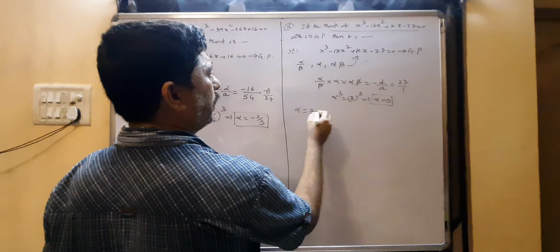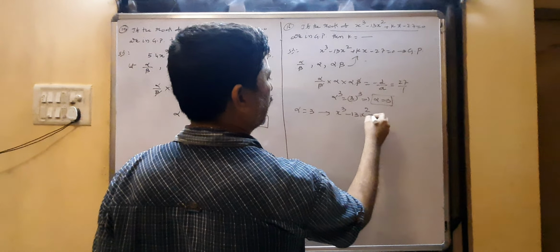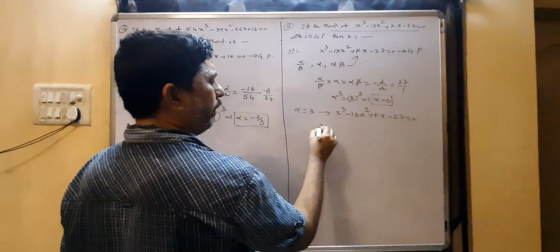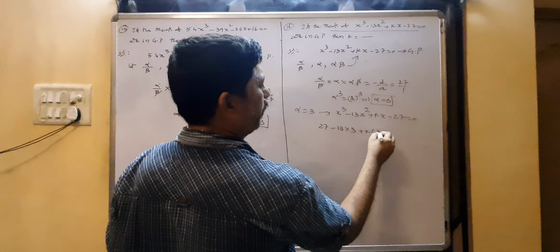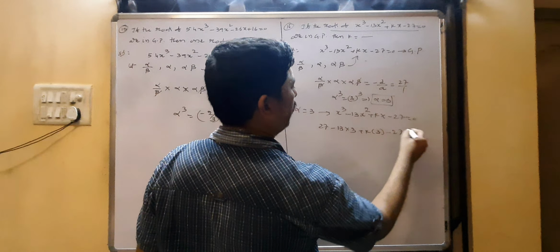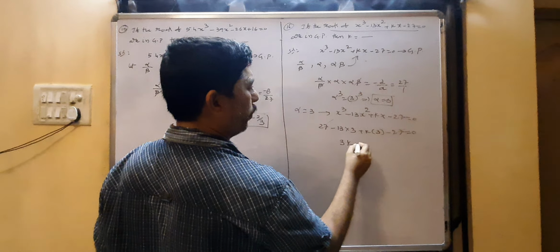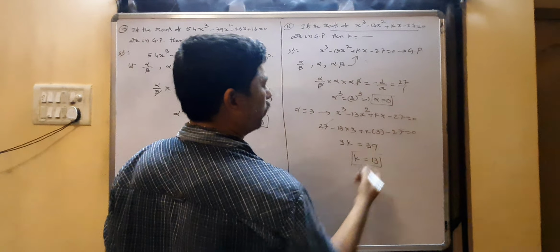Alpha, 3, is the root of the equation x cube minus 13 x square plus kx minus 27. So 3 cube, 27, minus 13 into 3 plus k into 3 minus 27 equal to 0. Cancel it. 3k equal to 39, k equal to 13 is the answer.